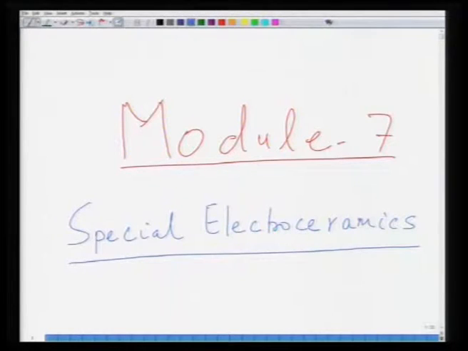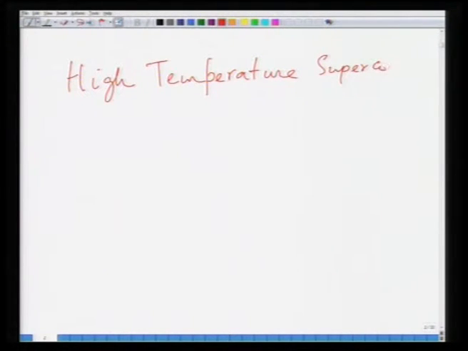So this is module number 7, which is based on special or exotic electroceramics. The first category of materials that we will talk about in this module is high temperature superconducting ceramics.